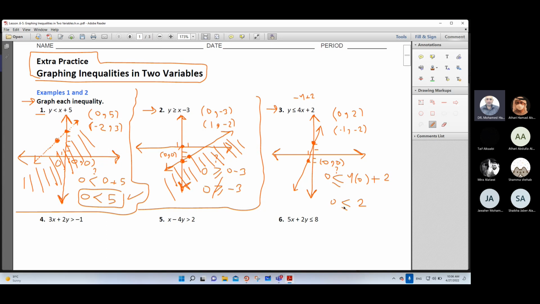Is 0 less than or equal to 2? Yes. So the origin is in the area of the solution of this inequality, which means this part, the closed part, you can shade. Who has any question about this idea?